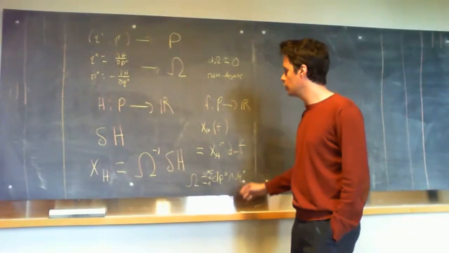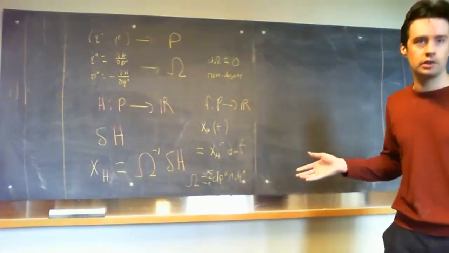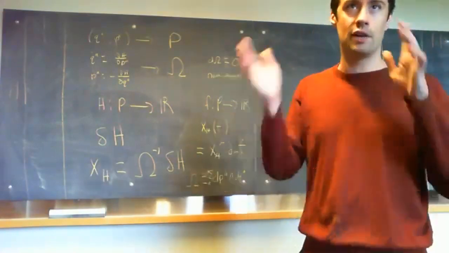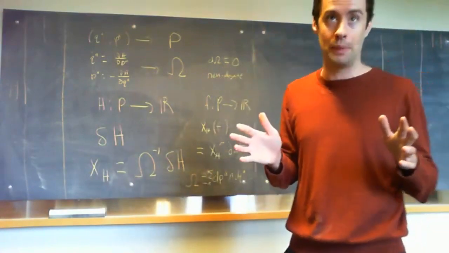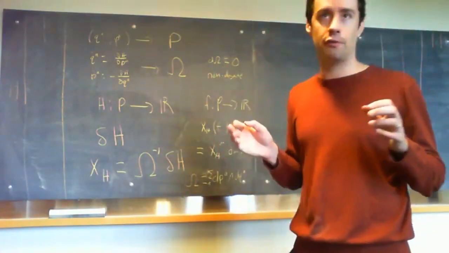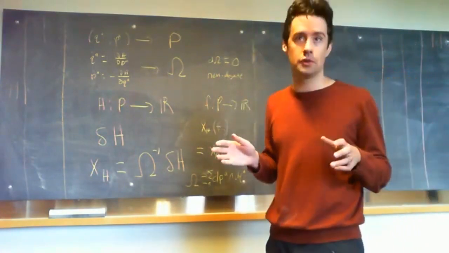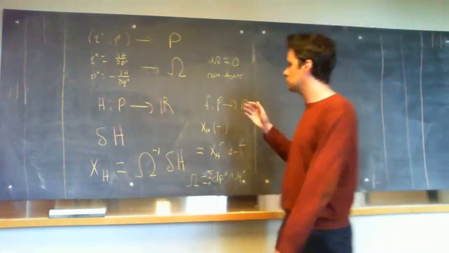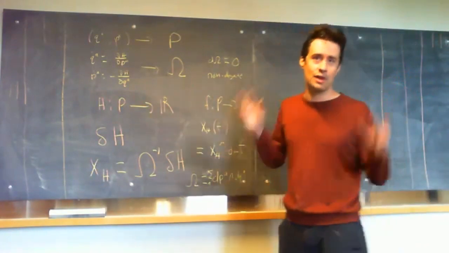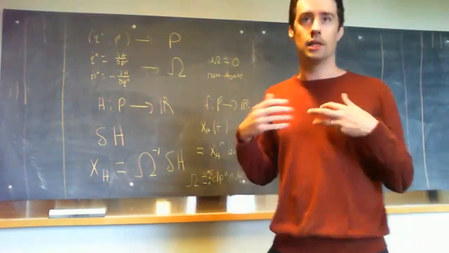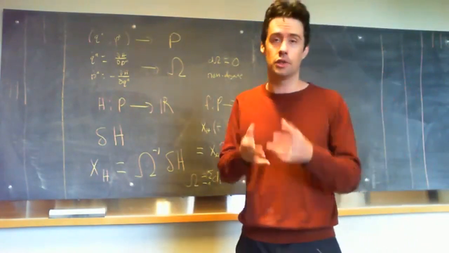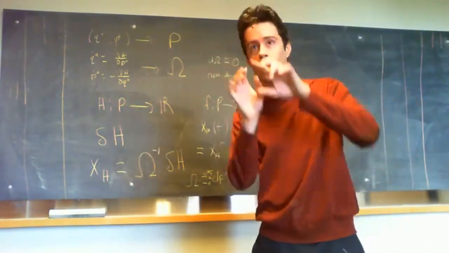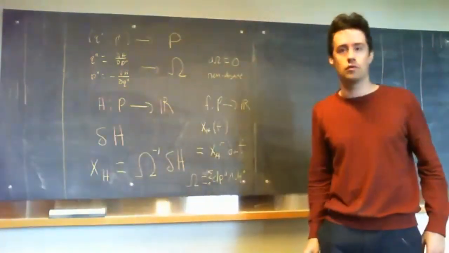But you see, now we've formulated Hamiltonian mechanics in a coordinate-independent way. You just have a phase space manifold P. You have a symplectic form omega, which is closed and non-degenerate. And that allows you to turn any function on the phase space into a Hamiltonian, in the sense that it allows you to turn it into a vector field. And the integral curves of that vector field are the evolution of the system.